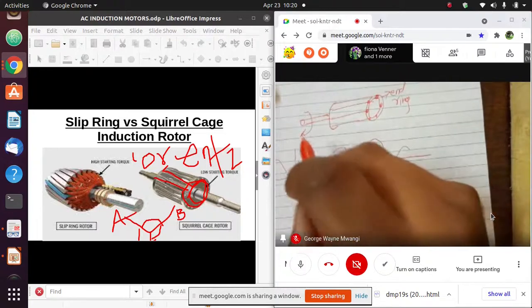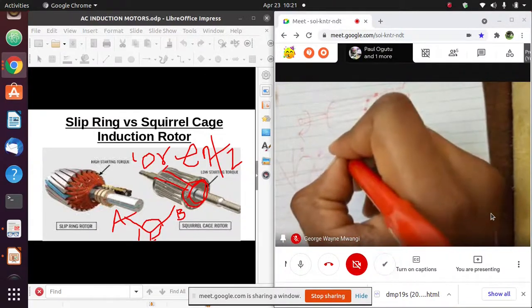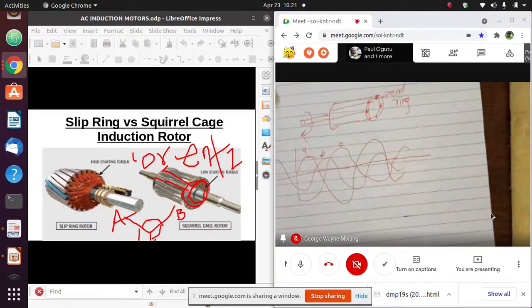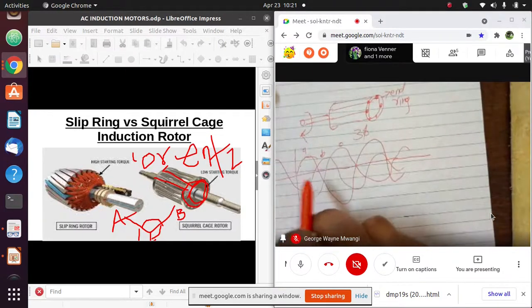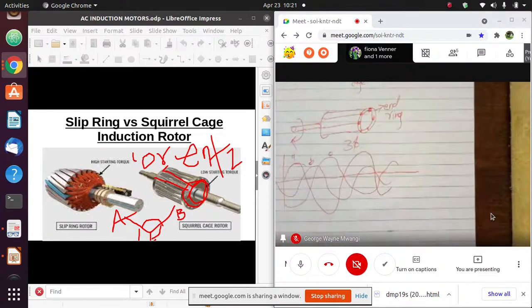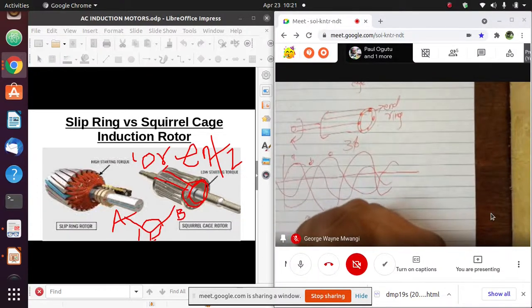Each of those currents is alternating. Let's say this is phase B and this is C. The supply is a three-phase supply, so this current produces a sinusoidal MMF.